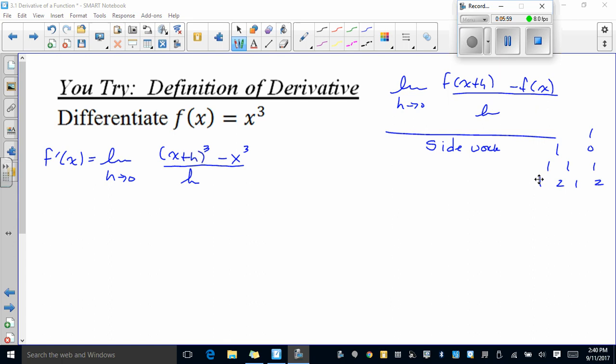Then for power 3, it would be 1, 1 plus 2 is 3, 2 plus 1 is 3, and then 1. This will give us a power of 3. So this works on each power as you go. You'll just have to continue on or have this memorized. There's also another way of doing it using combinations, and if you're only having 1 through 4, it's just as easy to write this up together.